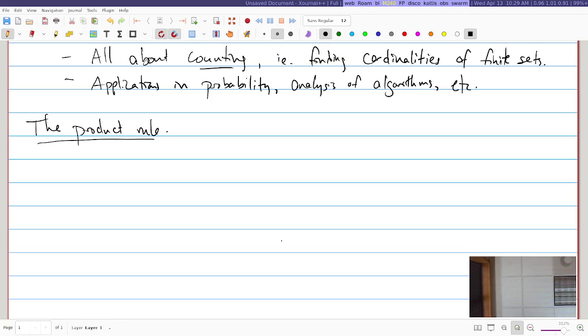So, one thing I'll say first, before I tell you what the product rule is: often when we're talking about these different rules and principles, instead of talking about the size of a set, we'll talk about the number of ways to choose an element of the set. Now those are the same thing, right? If a set has size 10, then there's 10 ways I can choose one of the elements of the set.